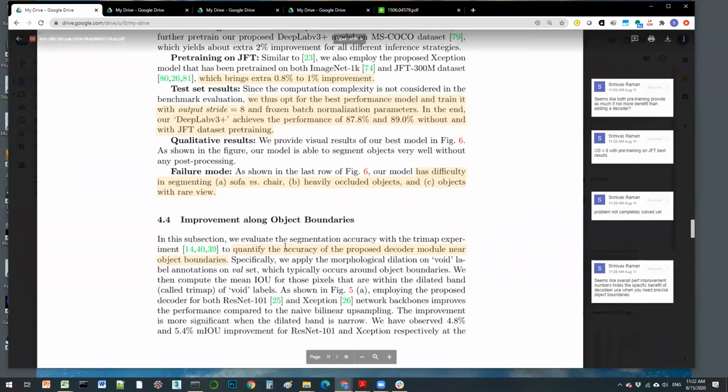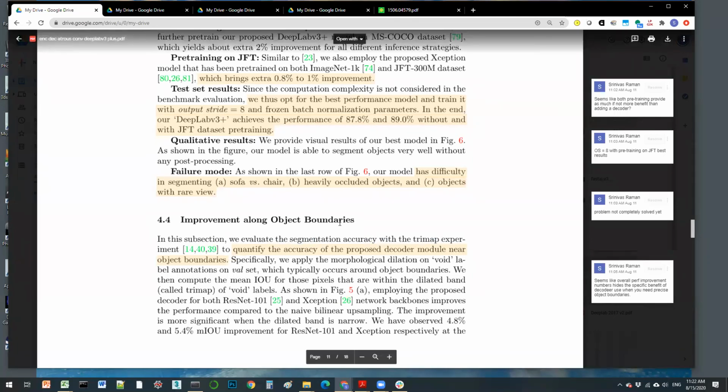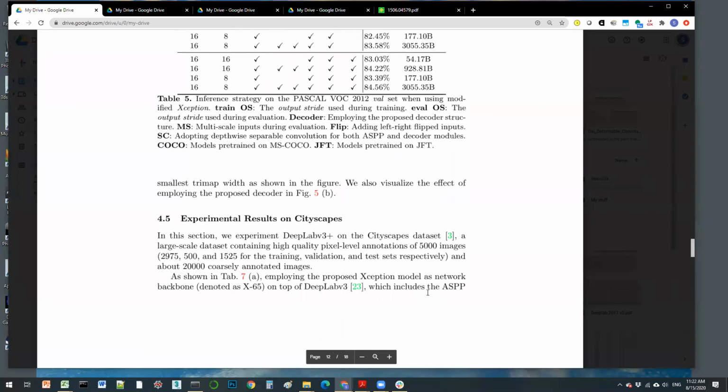And that's why they say the proposed decoder module helps near the object boundaries. So it provides significant benefit, not just in the final result, but in the fact that it helps you near the object boundaries where you suffer from problems. So that's what I meant by this comment, that the overall performance hides the specific benefit of decoder use. If you guys think otherwise, please chime in once you read the details.